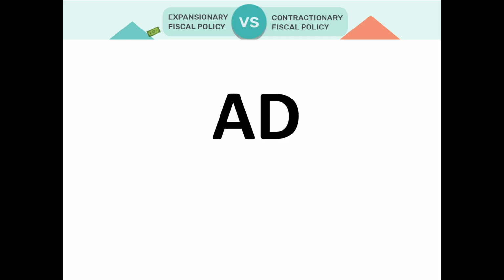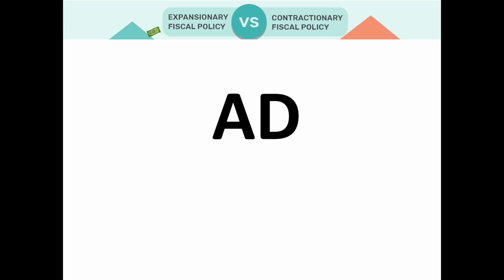Yeah, right. So for contractionary, it's just the opposite. So mark this down. For expansionary fiscal policy, so simple, you are using the two items that we talked about in order to increase the AD. And for contractionary fiscal policy, you are using the same two items to reduce the AD.